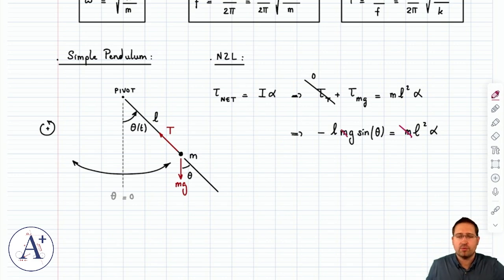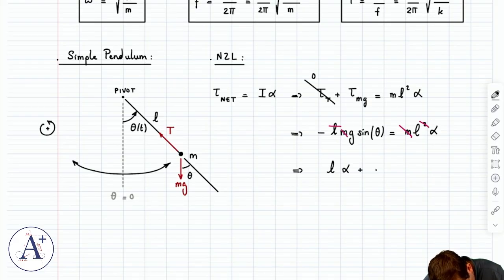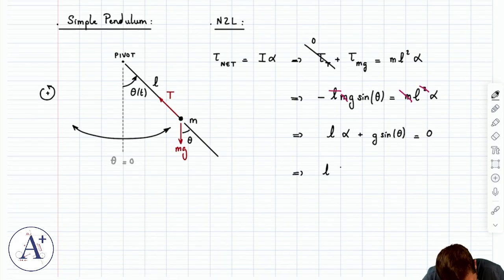It does not matter what the mass is. This L kills this L, and we are going to end up with L alpha plus g sine theta equal to 0. Now remember that alpha is d2 theta dt squared, and so we're going to wind up with this.